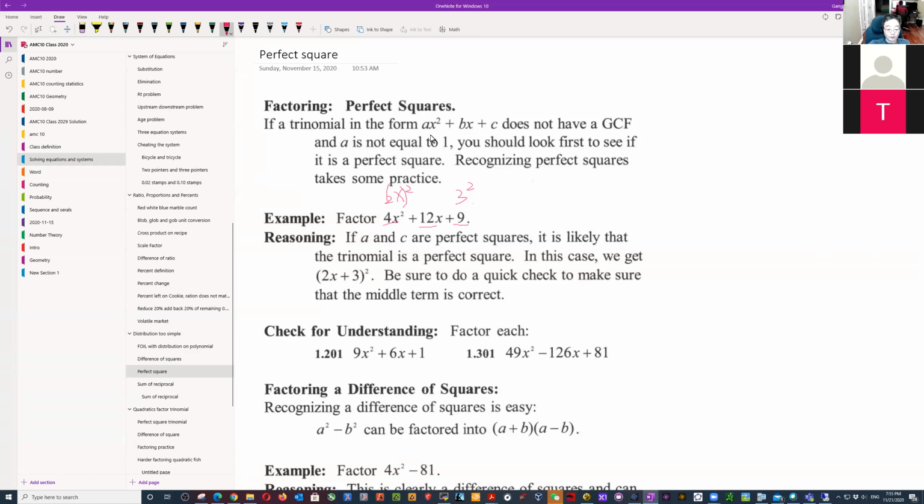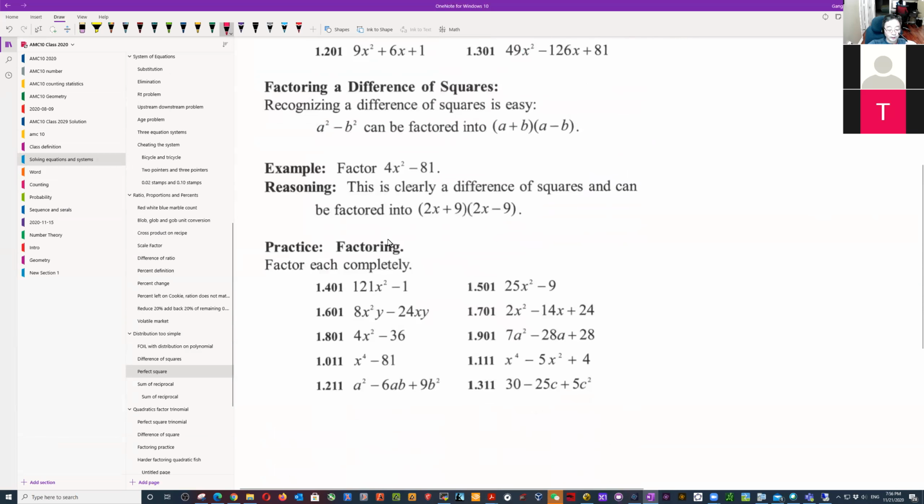And if you can verify the middle term is 2ab, 2 multiply 2x multiply 3 is actually equal to 12x. So this is a perfect square. It's equal to (2x plus 3) squared. These problems are quite simple. I'm not going to go over it. You can practice on it.